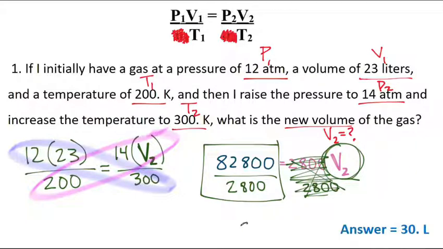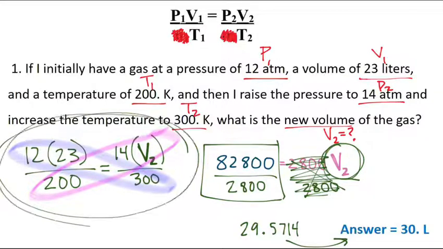And that'll actually get you something more like 29.5 or 29.6. But if we did have that 29.5714, we would know that we'd need to round that to two significant figures, because if we look back at our original numbers, we had a lot of numbers given to us in the problem.